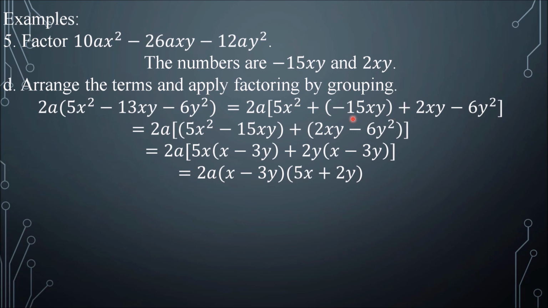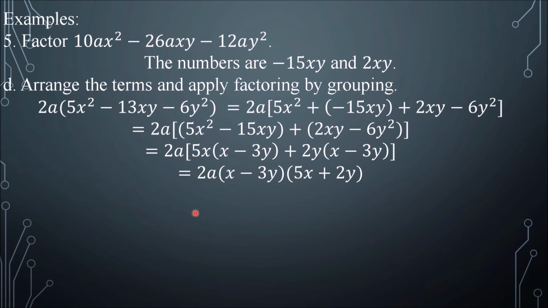Take note, negative 15xy plus 2xy is just equal to negative 13xy. So we just split negative 13xy. Next, we group 5x squared minus 15xy. That's the first group. And then the second group, 2xy minus 6y squared. That's the second group.